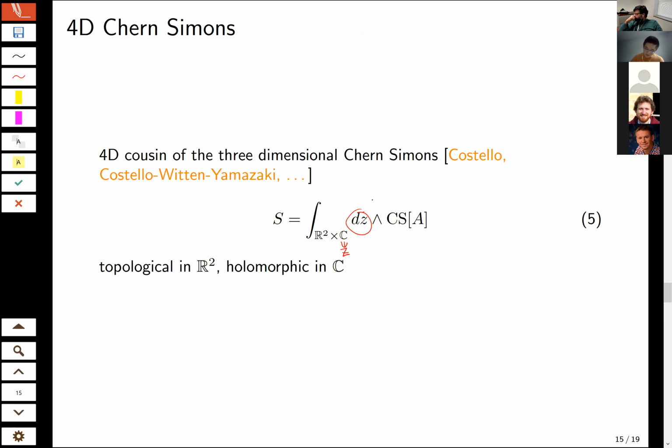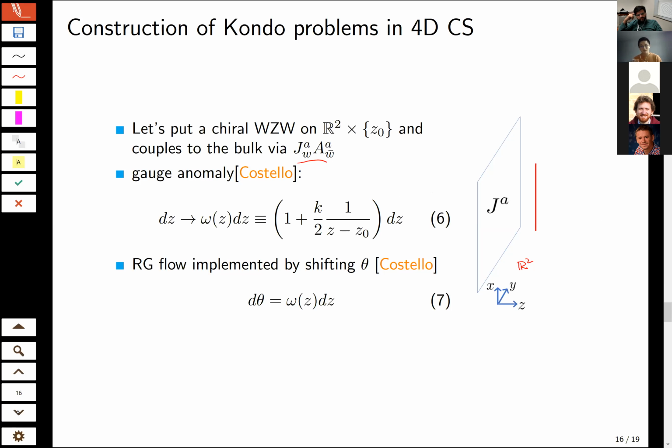Now I want to replace it with a different one. When you do this, the Chern-Simons theory is not gauge invariant anymore, but the new gauge anomaly you introduce will cancel the gauge anomaly from this coupling. And now you get a theory free of gauge anomaly.